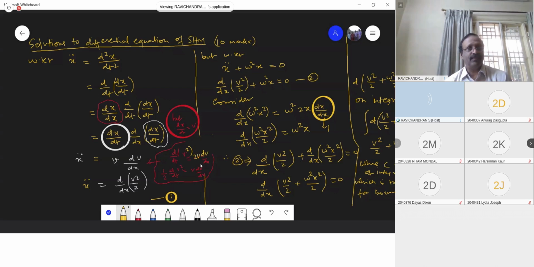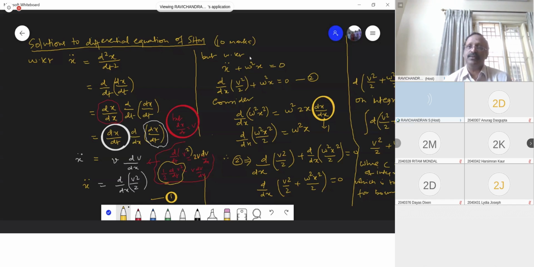The 2 I'm sending down to the other side. Half into d by dt of v square equals v into dv by dx, which is the one that I need. So instead of writing v into dv by dx, I can write this, v square by 2.